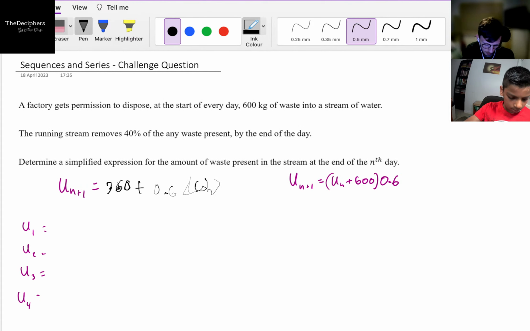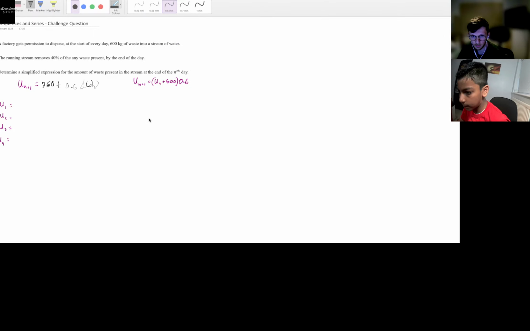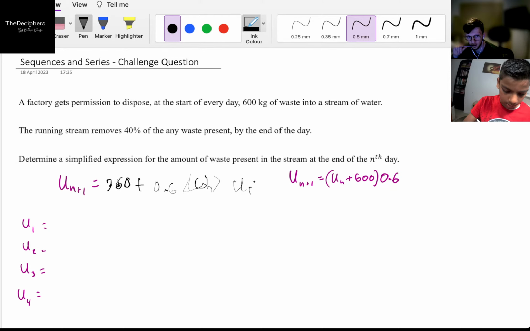Okay. Yep, so then u of 1, we already know that u of 1 is 360 because u of 0 is just 0.